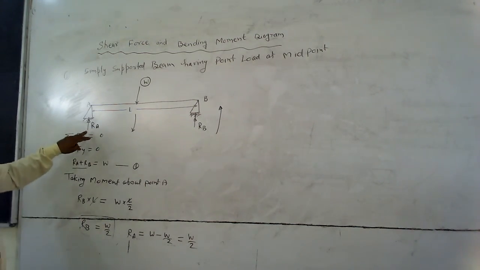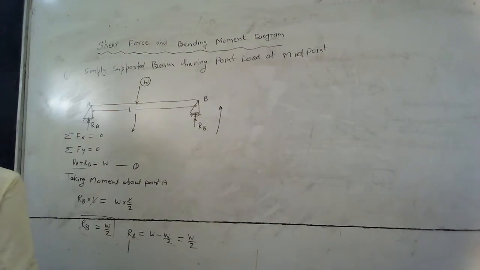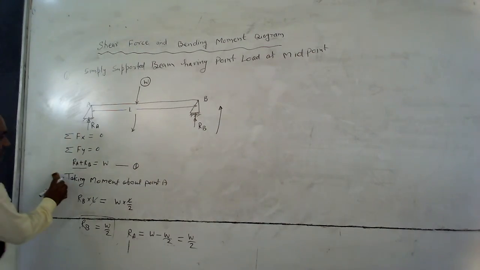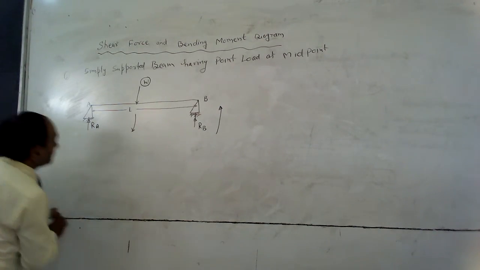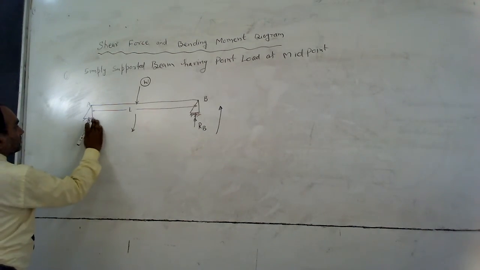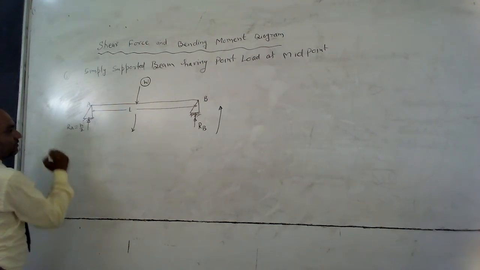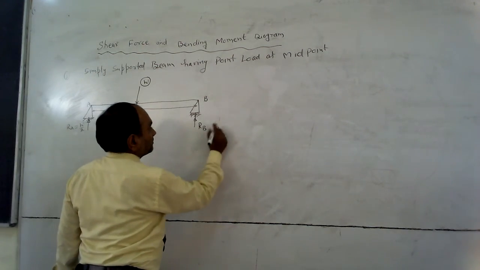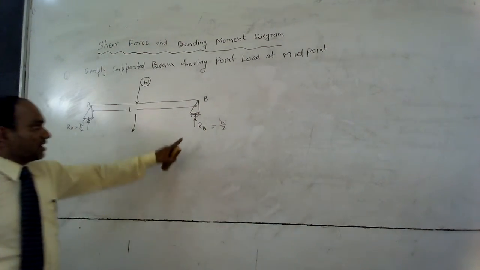Hence, the value of Ra equal to W by 2 and Rb equal to W by 2.